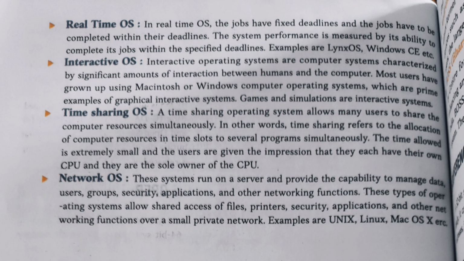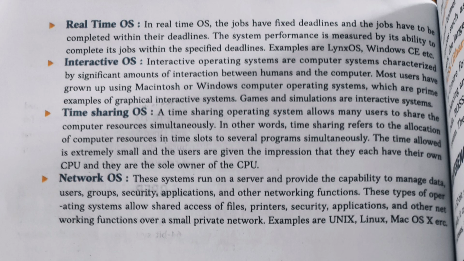Okay, network OS. This system runs on a server and provides the capability to manage user groups, security, applications and other networking functions. This type of operating system allows shared access of files, printers, security, applications and other networking functions, for example in a small private network. Examples are Unix, Linux, Mac OS, etc. So in this network OS, the system is sharing a server.